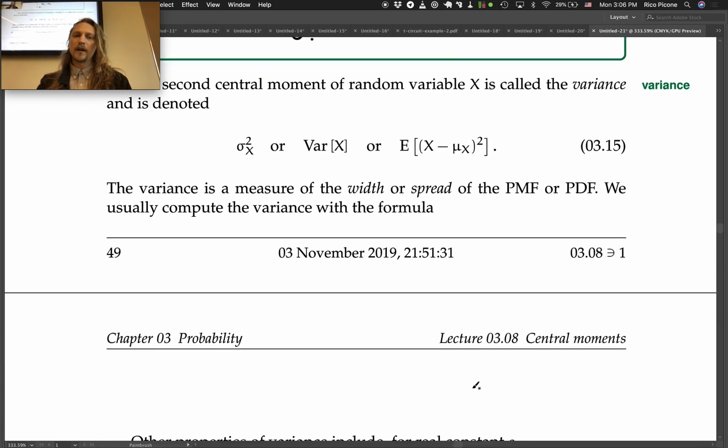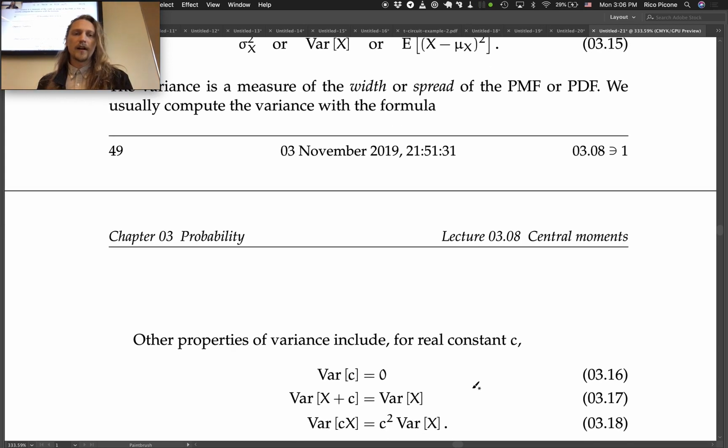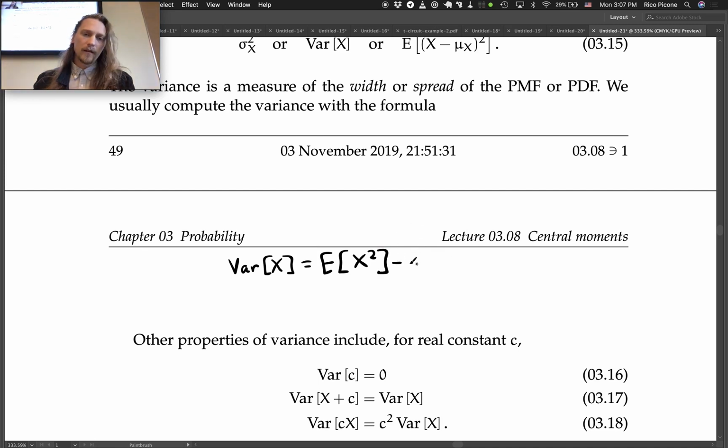We usually compute the variance with the formula that the variance of x is equal to the expected value of x squared minus the mean of x squared.